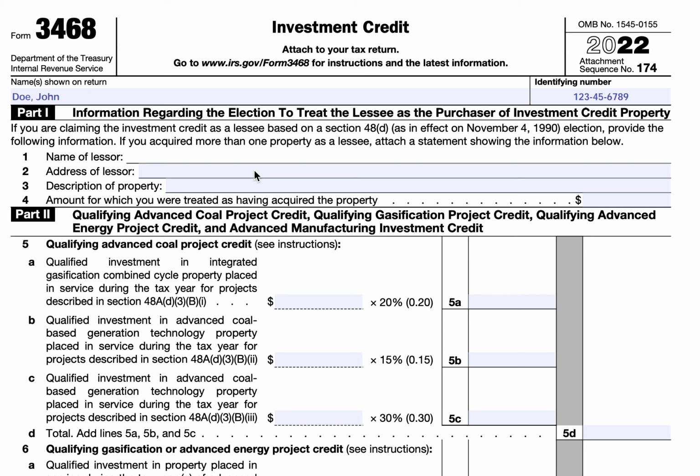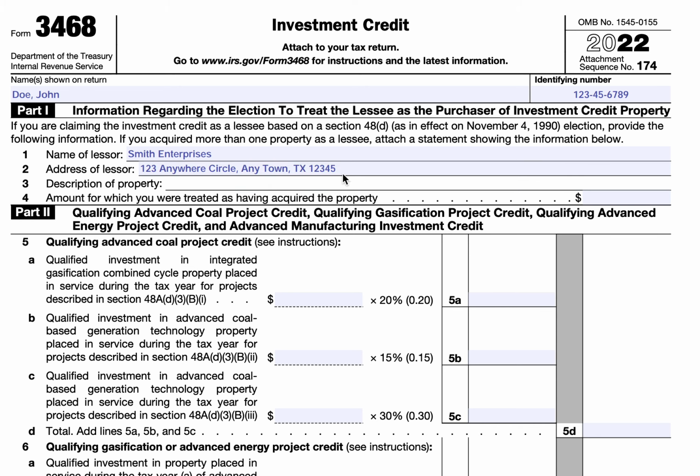So we'll pretend that John Doe is leasing his equipment from Joe Smith Enterprises. In line 3, we would simply enter the description of the property.